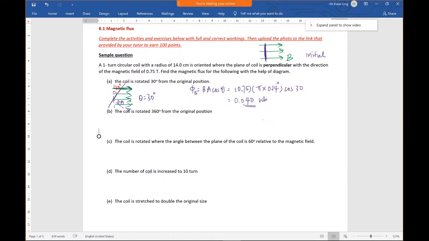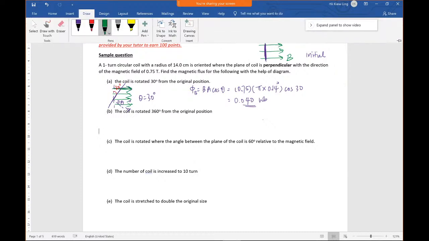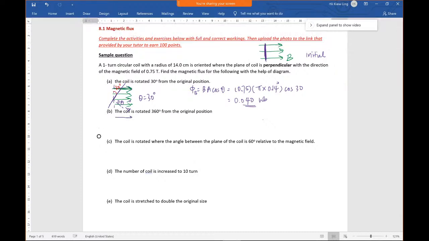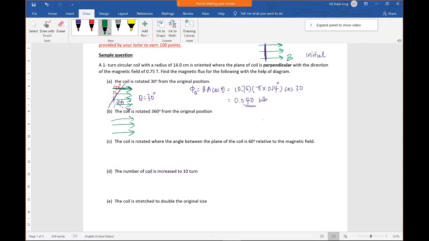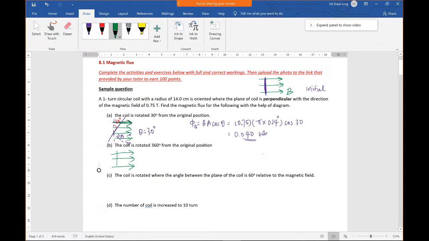Question B, the coil is rotated 360 degrees from the original position. 360 degrees means back to the original position.